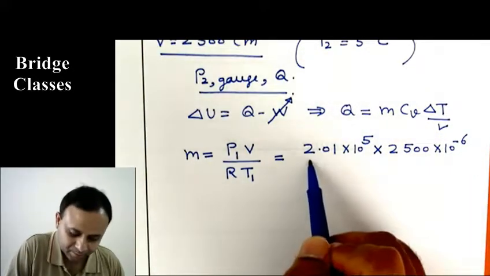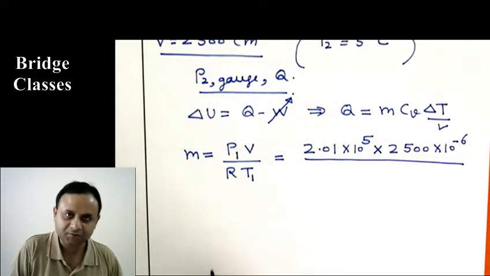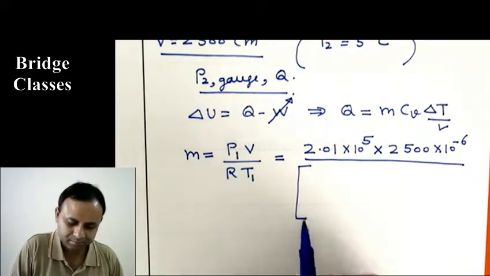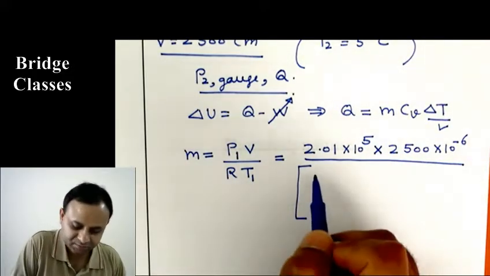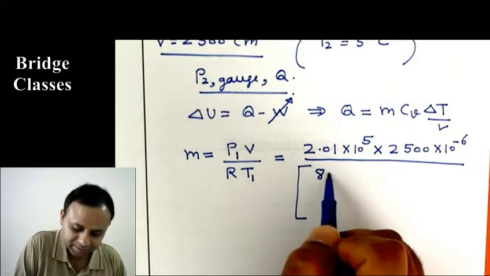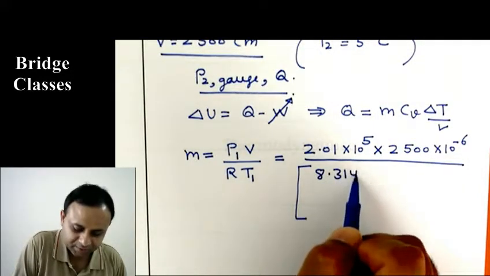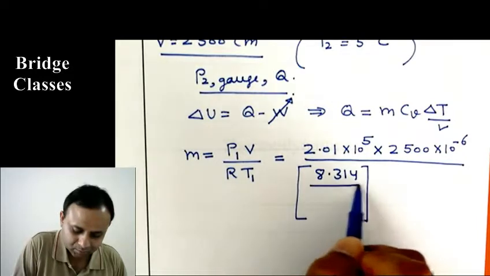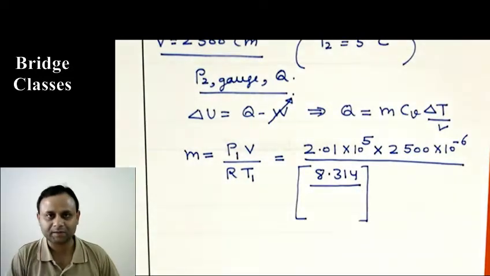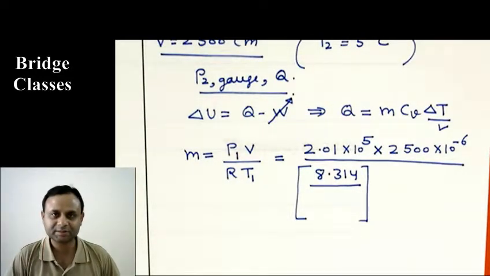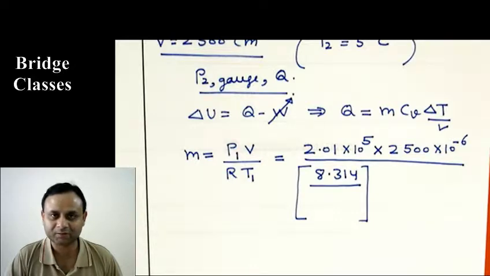So PV, and R for air, the gas constant for air. This will be the universal gas constant 8.314 over the molecular weight of air. Air is a mixture of mostly oxygen and nitrogen. The molecular weight of oxygen is 32, nitrogen is 28 gram per mole, and air is in between.